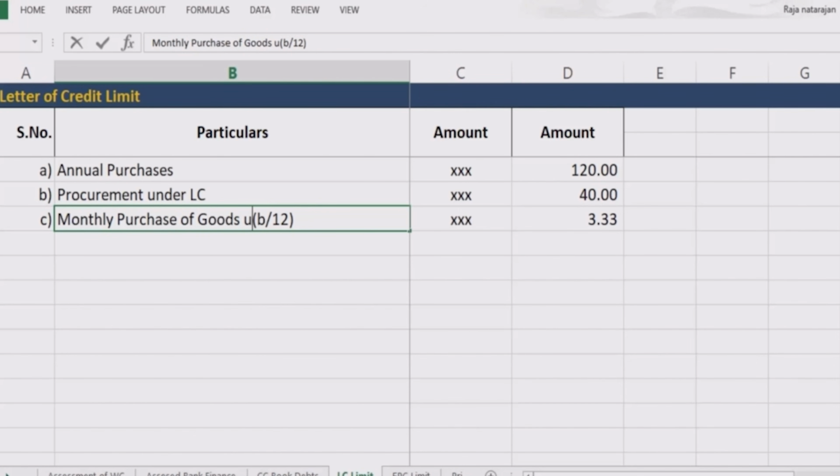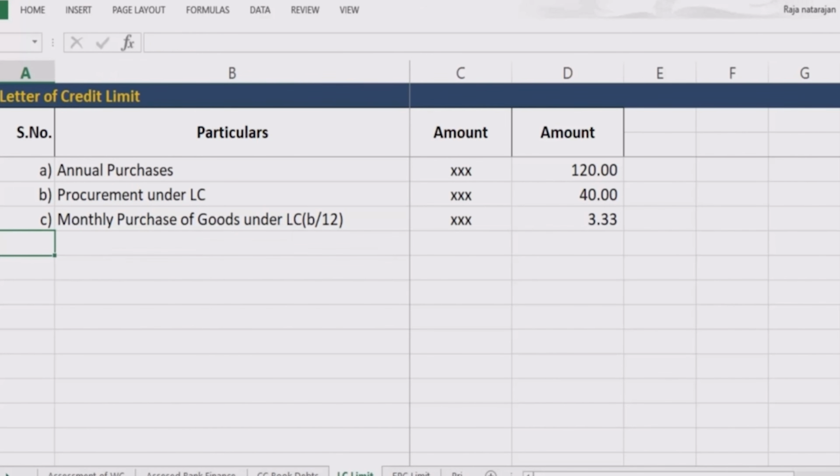Fine. Now we should also factor the credit period, because this is on credit, right? LC is issued so that the customer can buy goods on credit. So what is the period involved in this? That is, we should capture total time involved here.